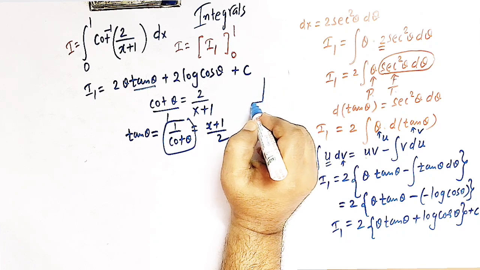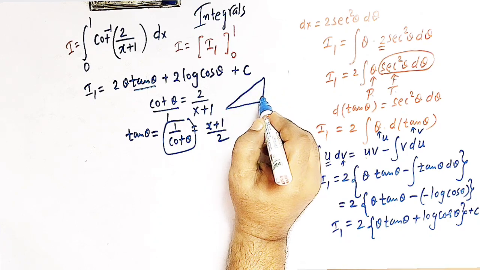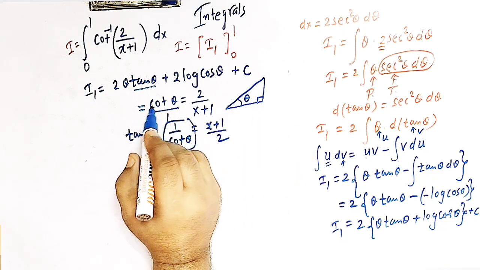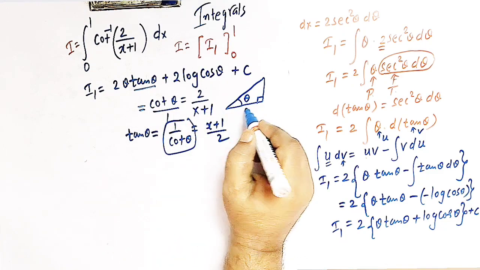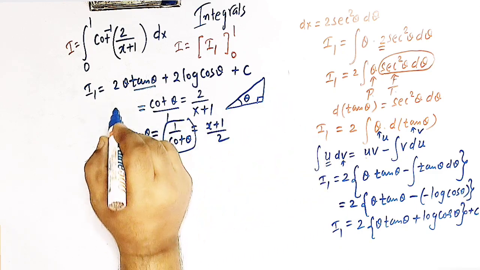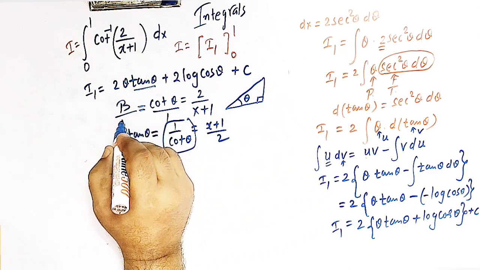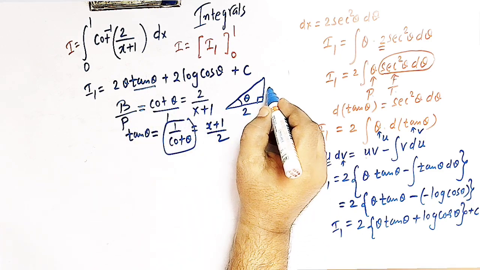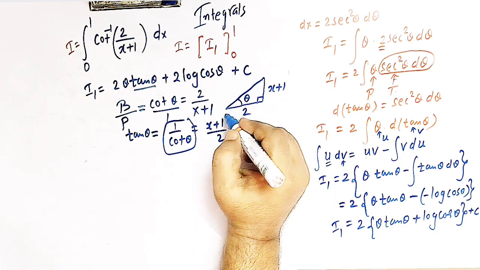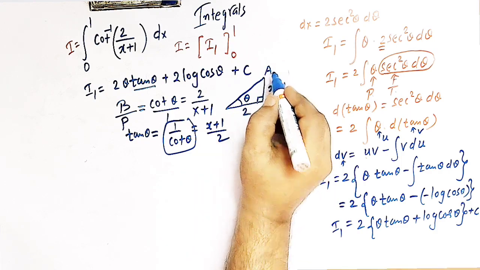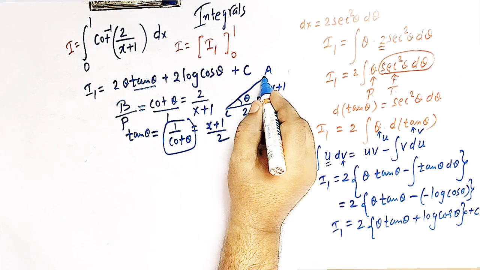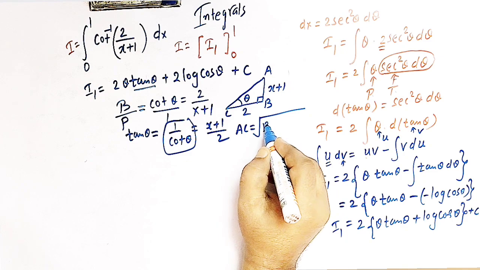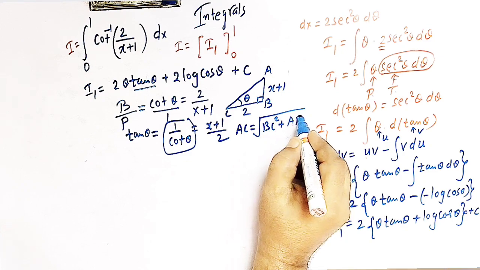Now cot theta is equal to 2 over x plus 1. So let us make a right angle triangle here, and here we can take theta, and we know that cot theta is base over perpendicular. So base can be taken as 2 and the perpendicular as x plus 1. Applying the Pythagoras theorem, we can write the hypotenuse as the square root of BC square plus AB square.